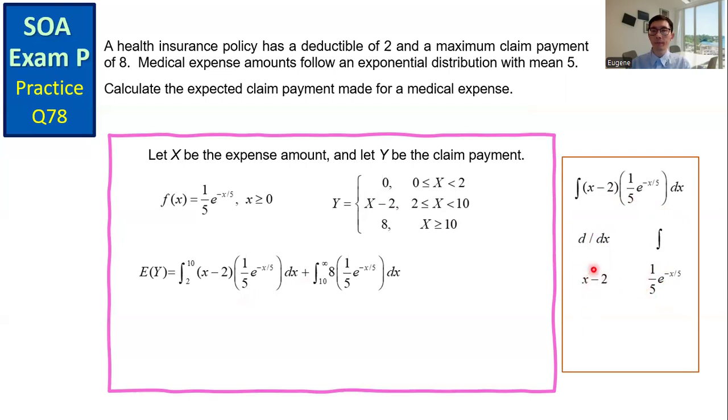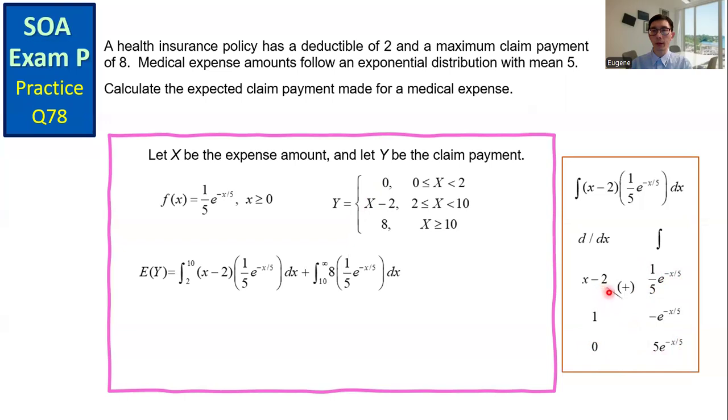The derivative of x minus 2 is 1, and then I perform one more differentiation until I reach 0. On the right-hand side, I do integration. The integral of 1/5 times e to the power minus x over 5 is minus e to the power minus x over 5, and with one more integration, I get 5 times e to the power minus x over 5.